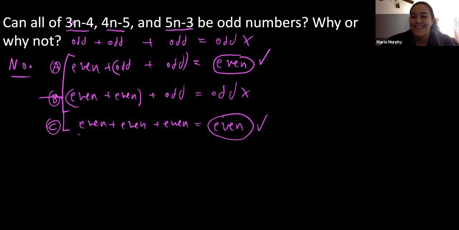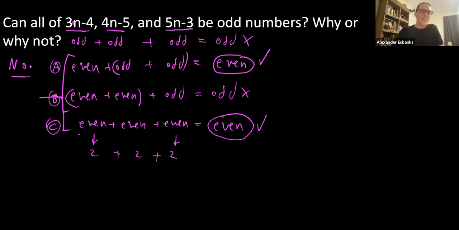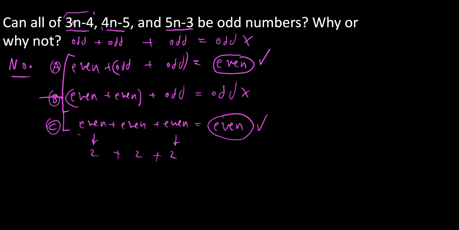Yeah. So Omkar, would you like to share what you just said? Yeah, so even plus even, while also having all three be prime numbers, would mean that it's 2 plus 2 plus 2. Right. And if that's also 3n minus 4, 4n minus 5, etc., then they can't all be the same number. Very good. Yeah, these are all clearly different numbers, right?